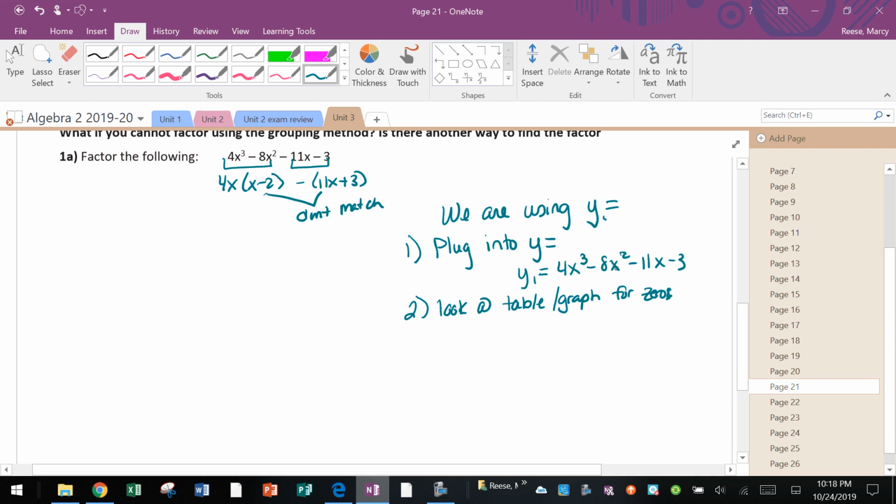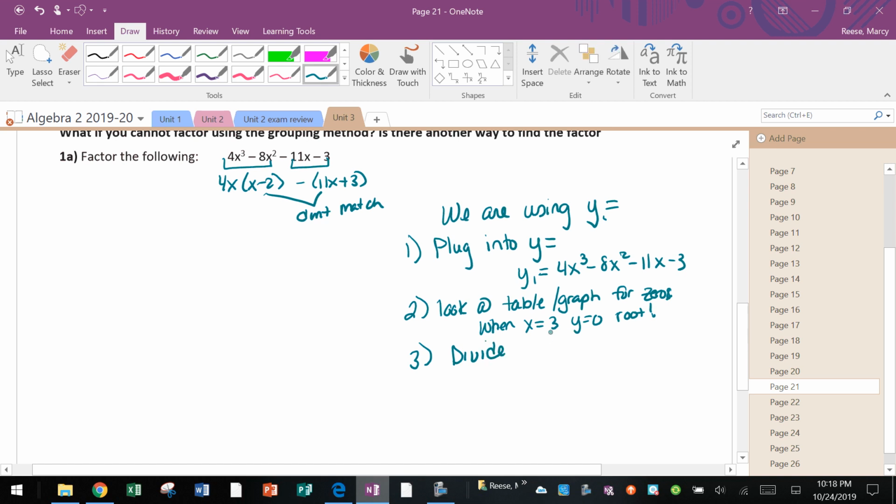To me, the table's the quickest because you can find them really fast because, for example, when you plug this one in, when x is equal to 3, y is equal to 0, which means it's a root, right?